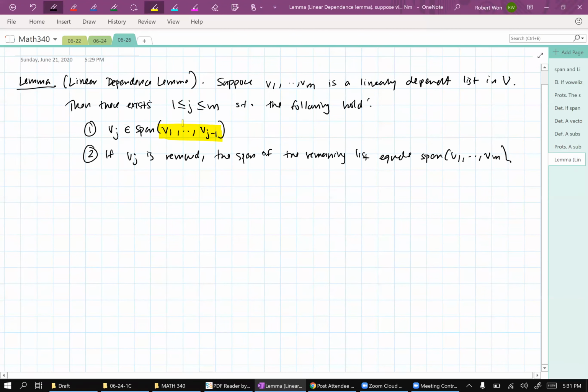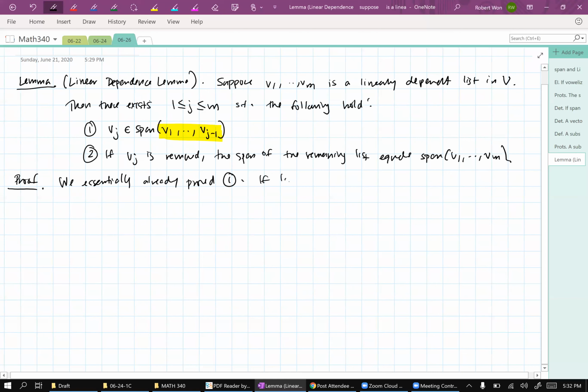So if you have a linearly dependent list, you can always find a vector to remove without affecting the span. Okay, so for part 1, we've essentially already proved it. If the list is linearly dependent, let me tell you how to adjust the proof.